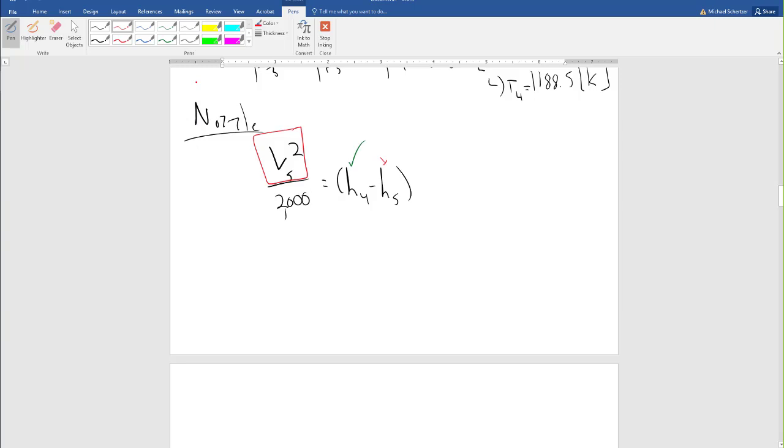So how do we find H5? Anytime we're doing a cycle where the fluid is an ideal gas, we remember that delta S is equal to 0, which lets us use the right equations here. So we got P5 over P4 is equal to PR5 over PR4. Here, P5 is equal to PA.